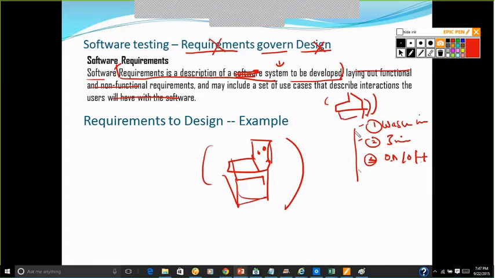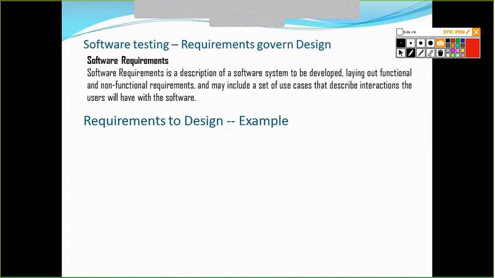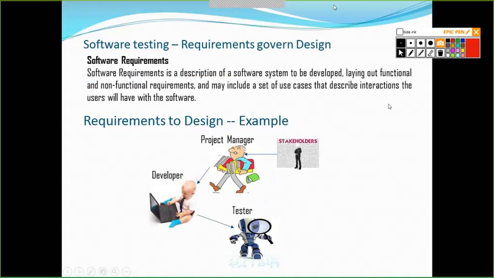So now what we're going to do here is see in practice how this happens. Let's take a simple example of how the flow happens. So the requirement comes from the stakeholder, right?